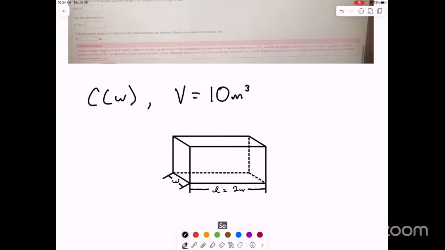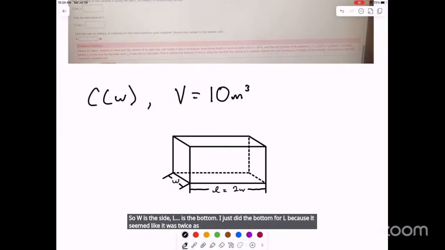So W is the side, L is the bottom. I just did the bottom for L because it seemed like it was twice as big. Okay, let's keep going.